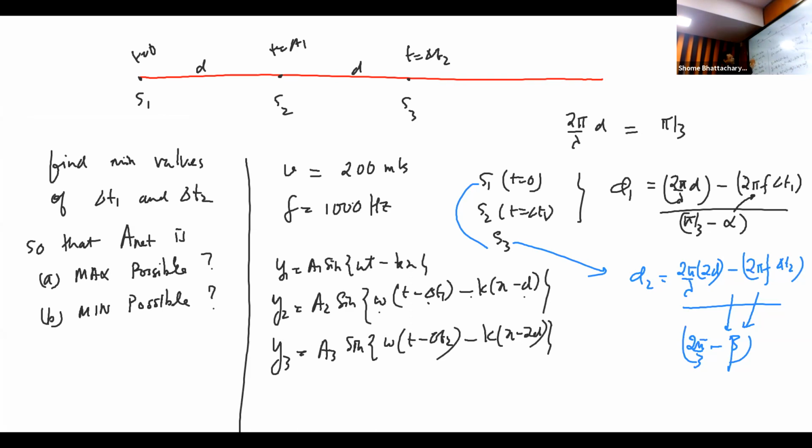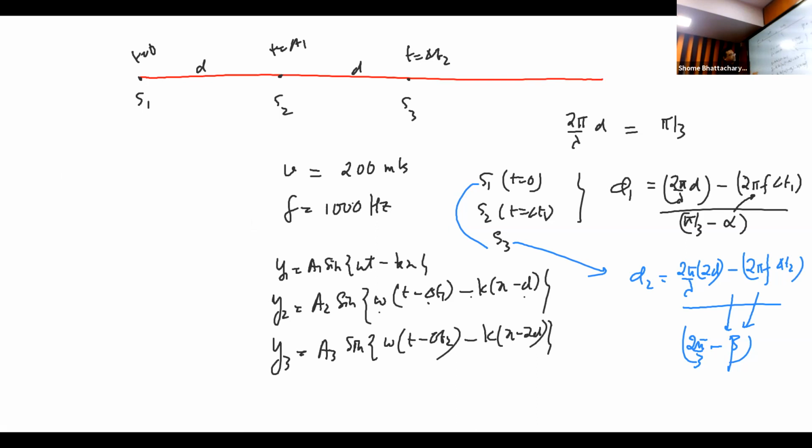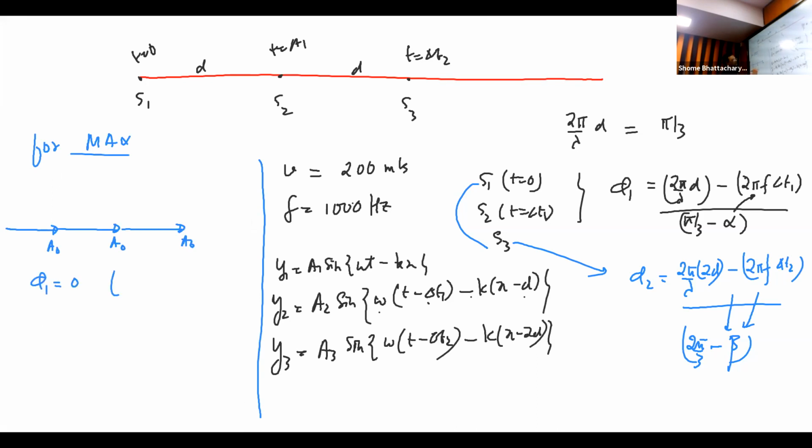Okay, so now we understand that for maxima, I would like my phasor diagram to be like this. That means my phi 1 should be 0, or in general 2m pi, but the simplest value is 0.